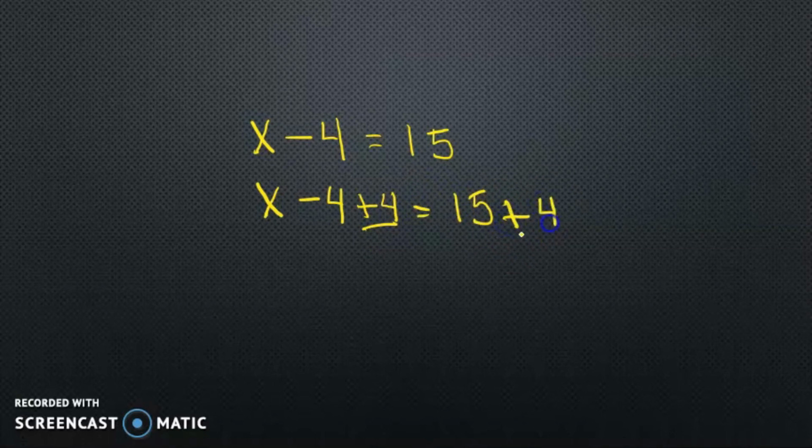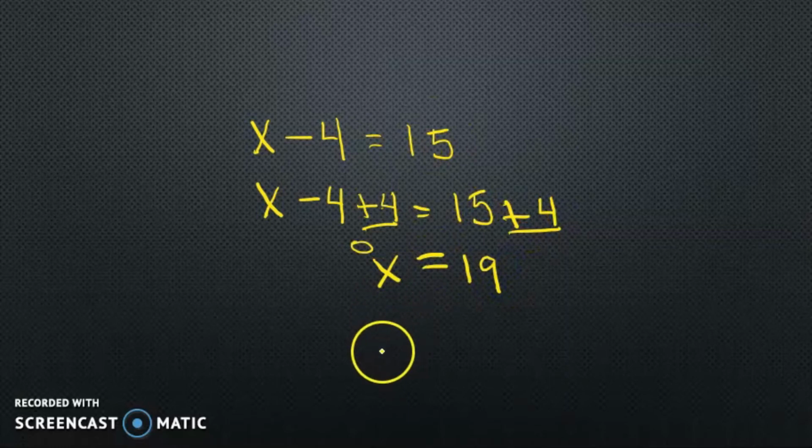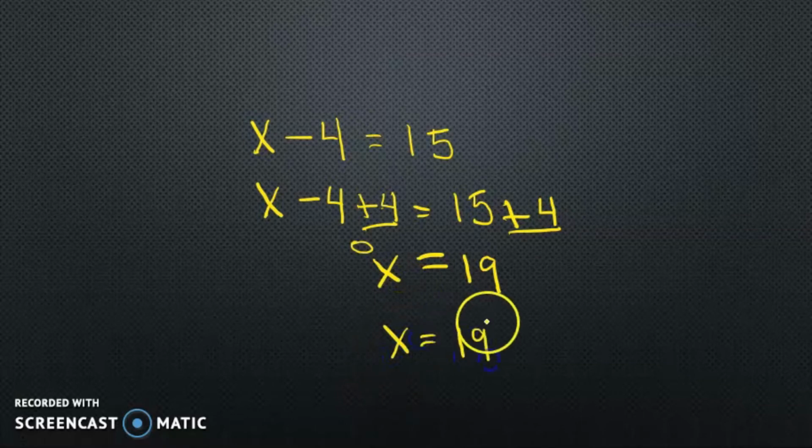Nilagyan natin both sides ng plus 4 since that is x minus 4, no? Since negative 4 plus 4 is equals to 0, matitira na lang dyan ay x. So x is equals to 15 plus 4 is 19. So therefore, yung x natin is equals to 19. Okay, so that is our answer.